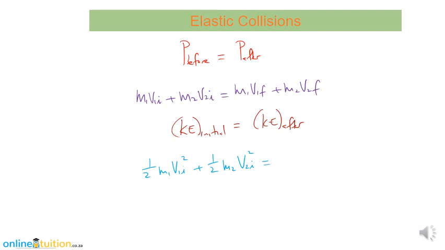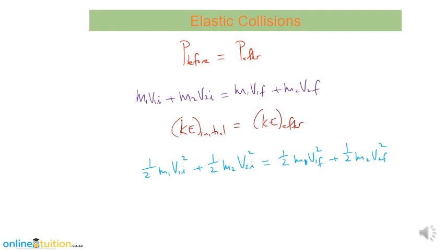Too many subscripts and superscripts, but we master this as we do lots and lots of examples. So that's basically, for elastic collisions, you can write down those two equations and they're always satisfied.